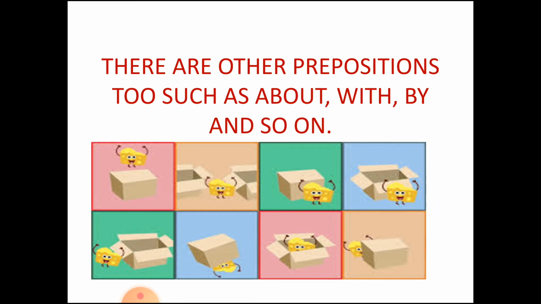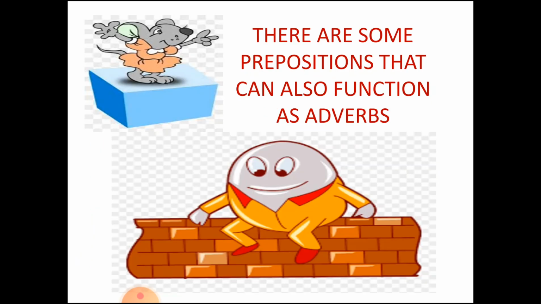There are other prepositions also, such as about, with, by and so on. Now in this session we'll not go into detail about other prepositions. We'll talk about it in the next session. Even there are some prepositions that can also function as adverbs. Now these two we'll be talking about in the next session.